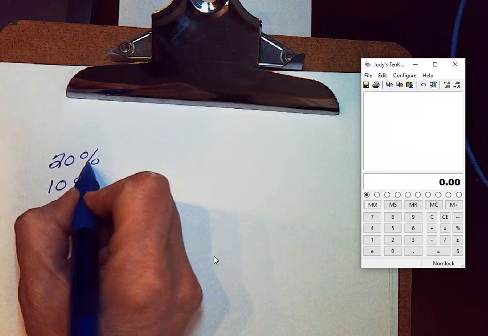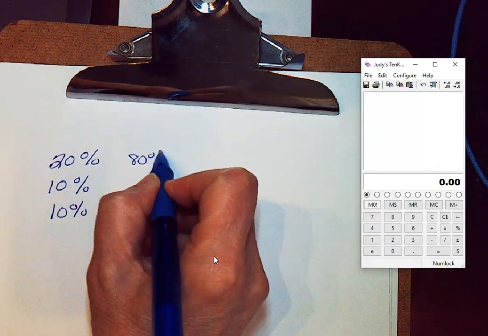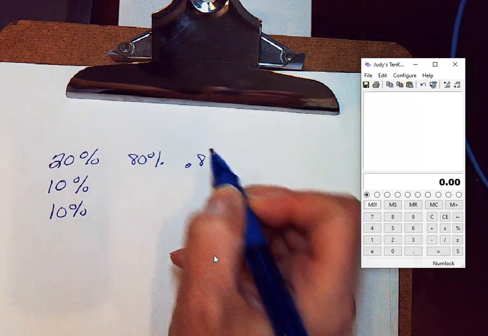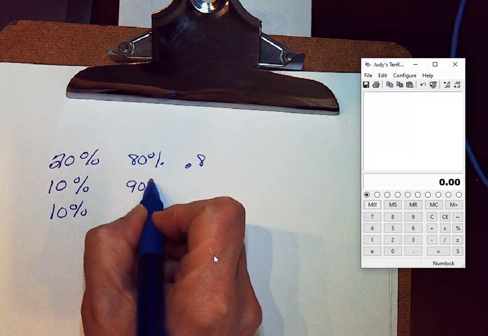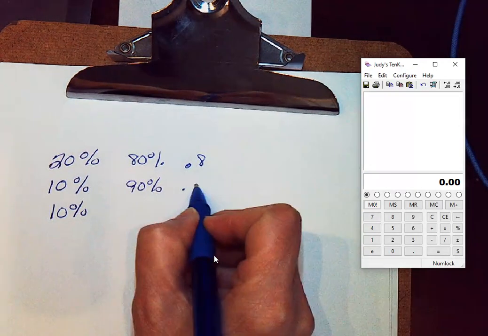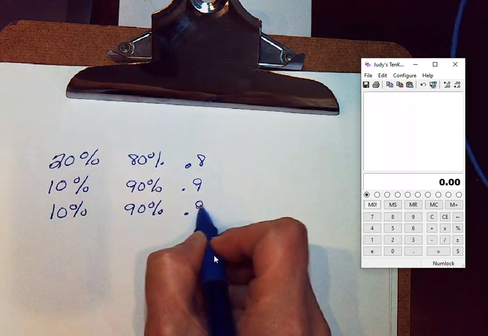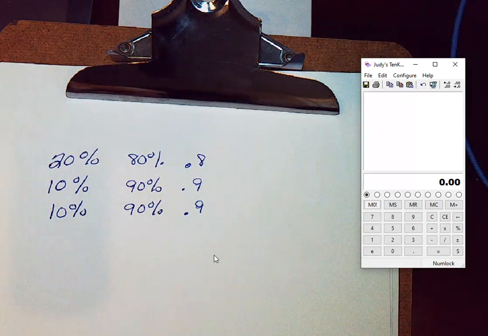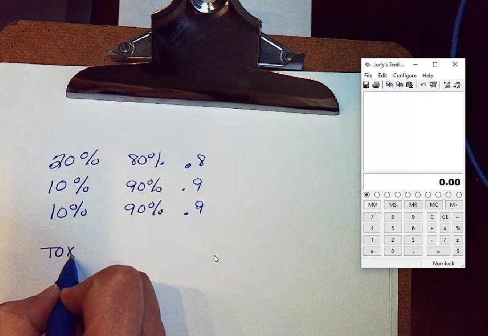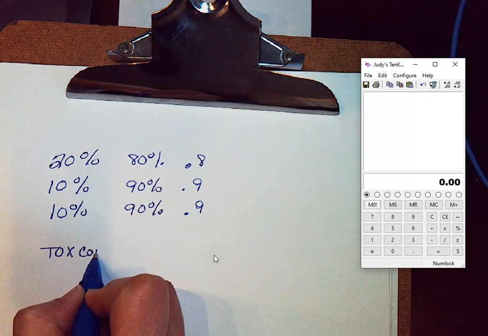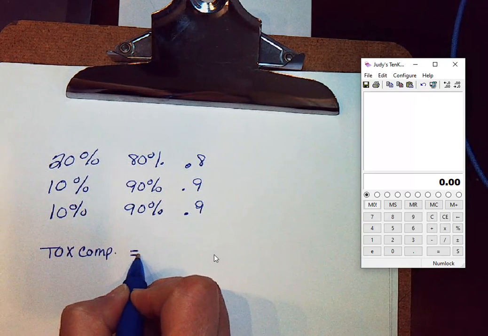So what's the complement of 20%? 80%, as a decimal 0.8. 10% complement is 90%, and 0.9 as the decimal. So when you are multiplying the total times the complement, you are going to be getting the net price.